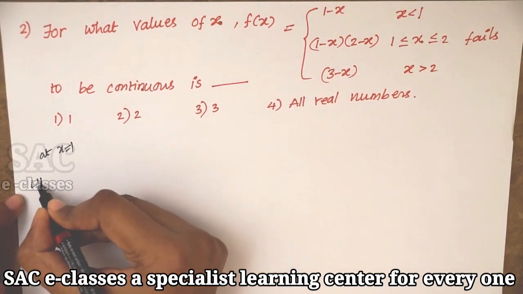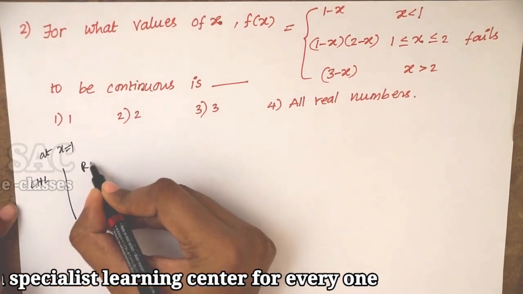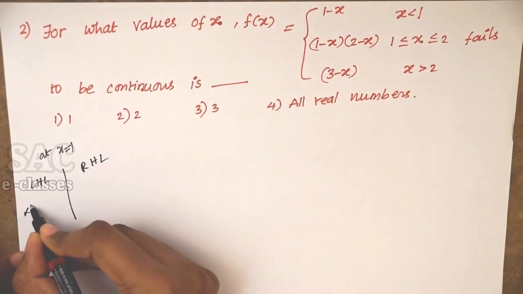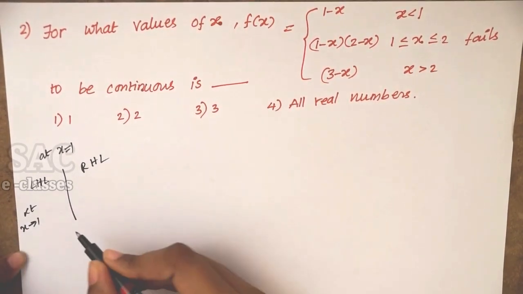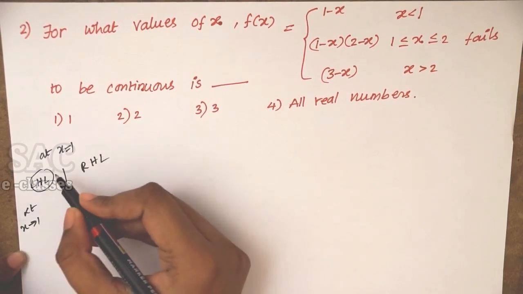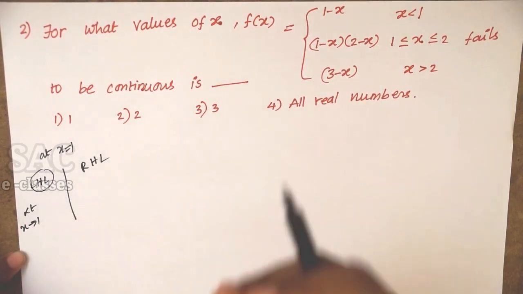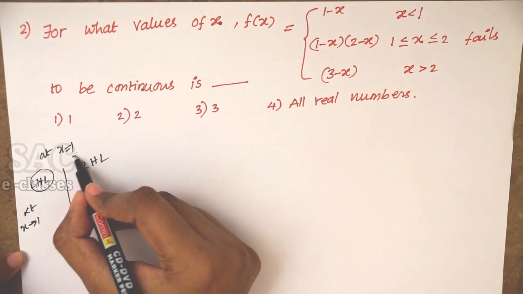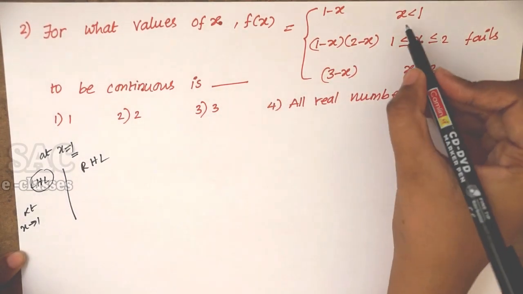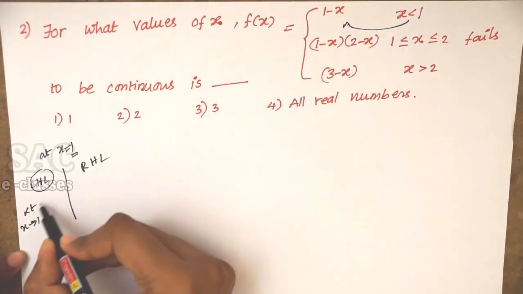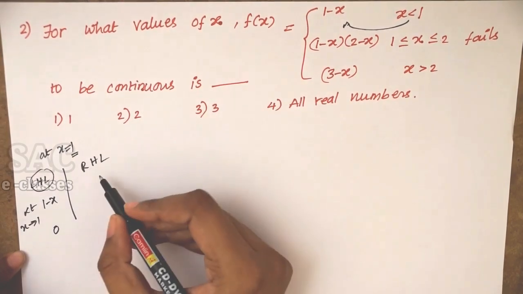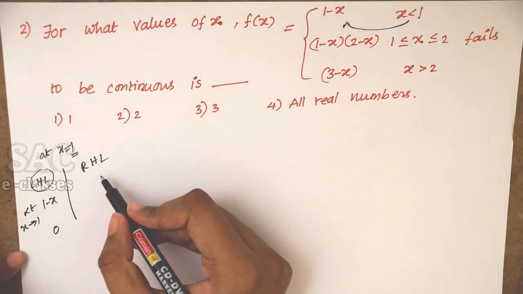As I told you, just identify where is the LHL and where is the RHL. Limit x tends to 1. LHL means, one thing you have to keep in mind, less than that particular 1. What is less than 1? Which is referring to less than 1? 0. What is the right hand limit here?